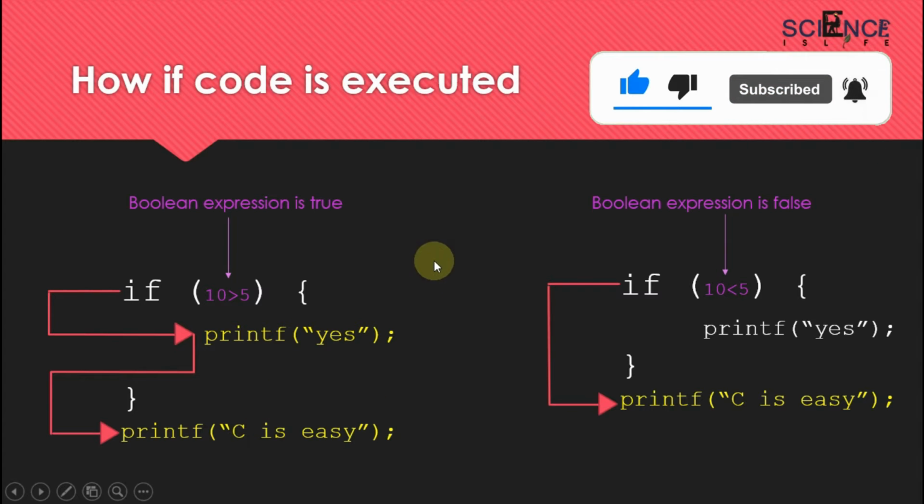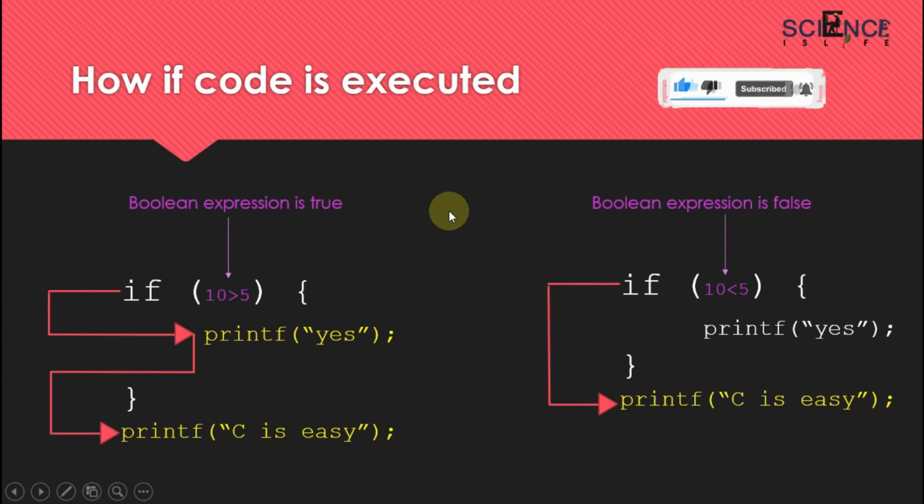And let's see how the compiler works if the condition is false. After executing all the codes before the if structure, the compiler will reach the if, then it will check whether the condition is true or false. Here we have put 10 is less than 5. We know this is incorrect, so it will produce false, right?